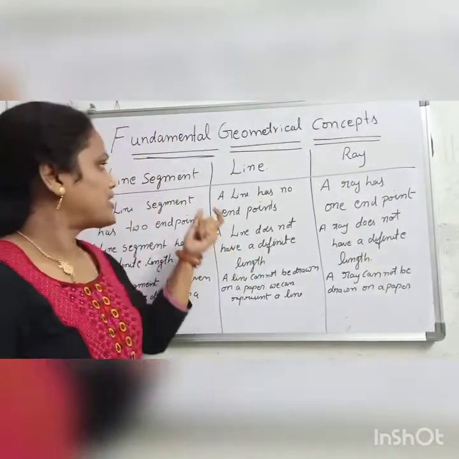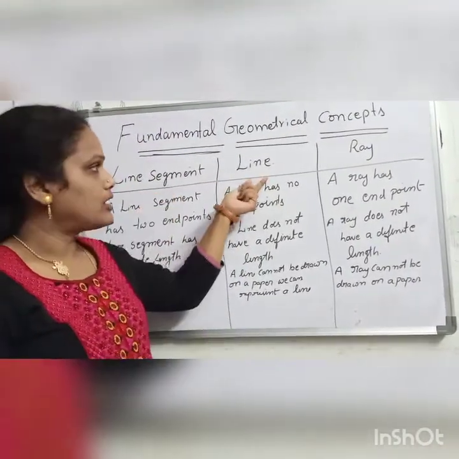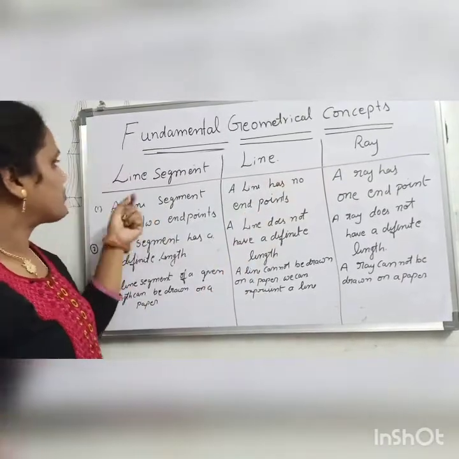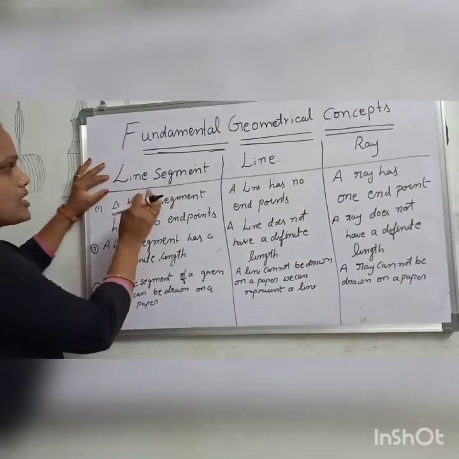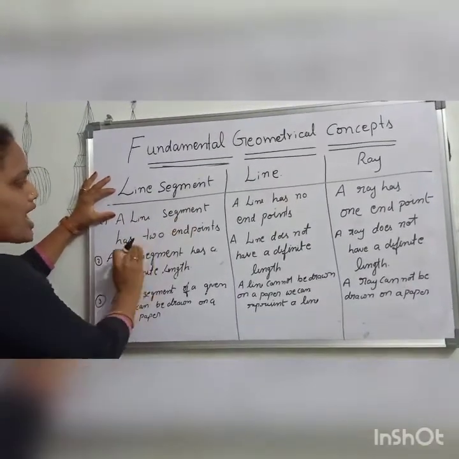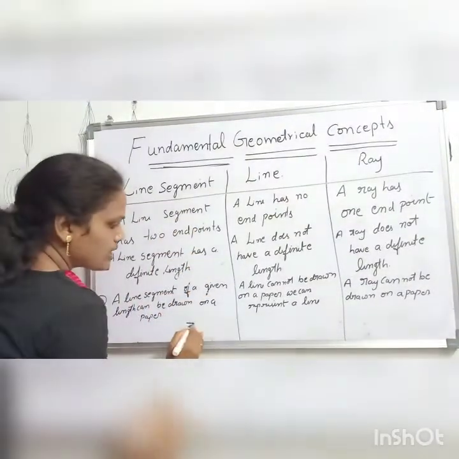Now we can classify the line segment, line, and ray. A line segment has two end points; we represent it like this.